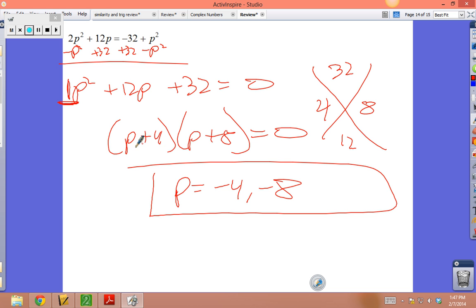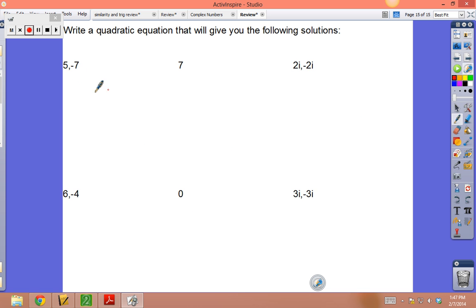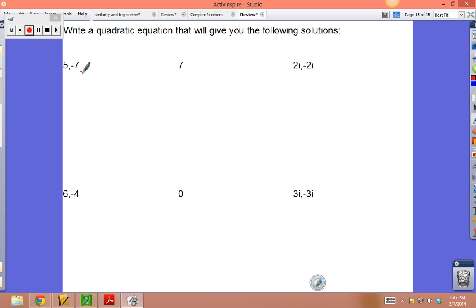And then what was the step before this? So let's go backwards. If your answers are 5 and negative 7, what's the step before that look like? x minus 5 and x plus 7 equals 0. Copy this down.